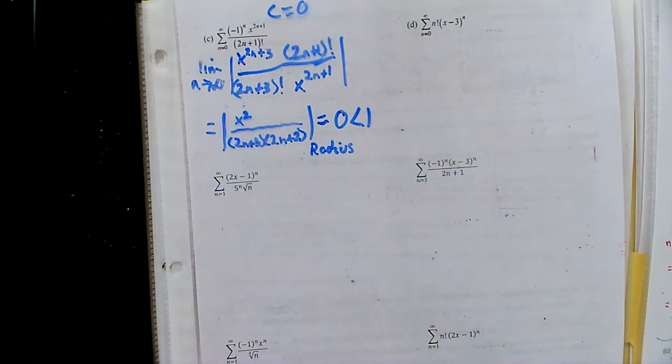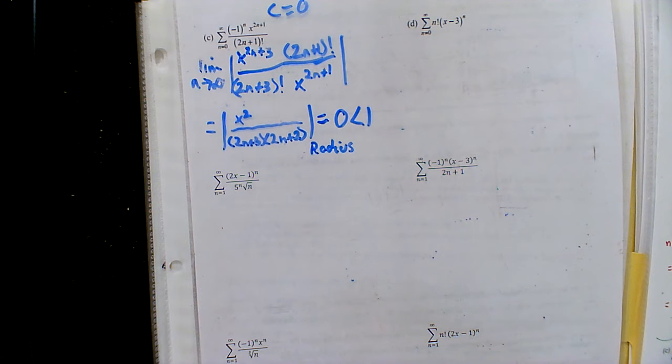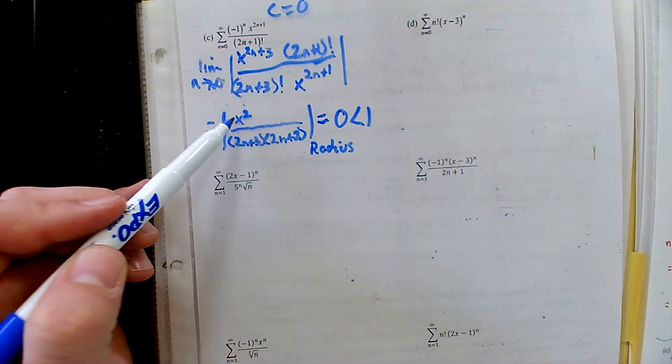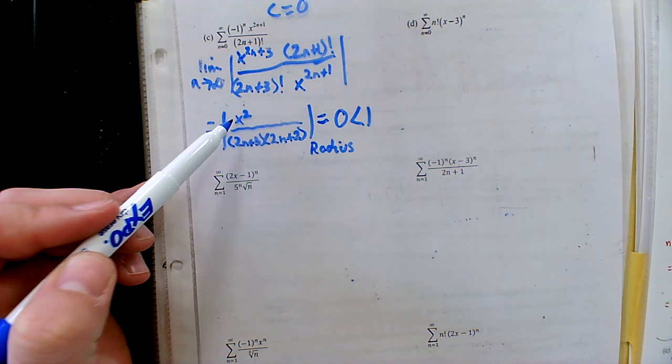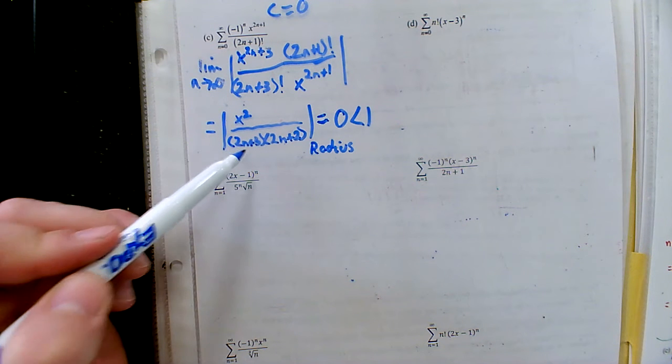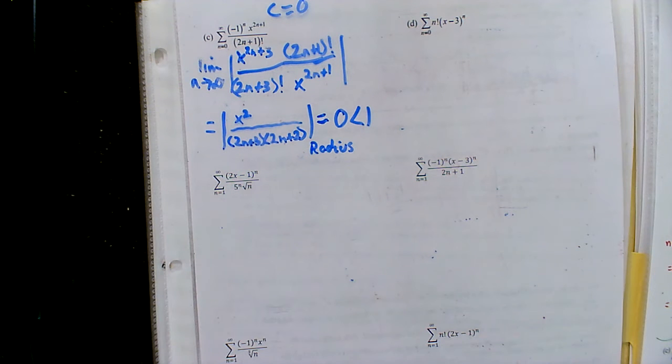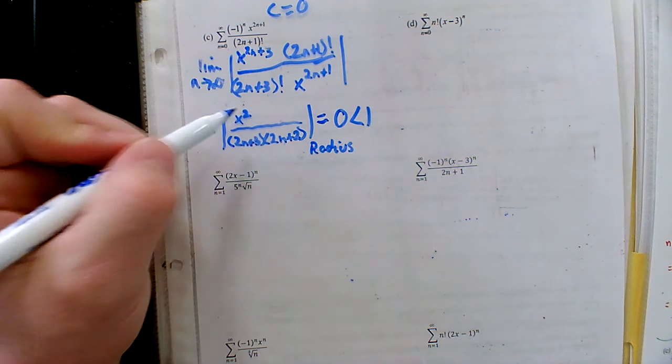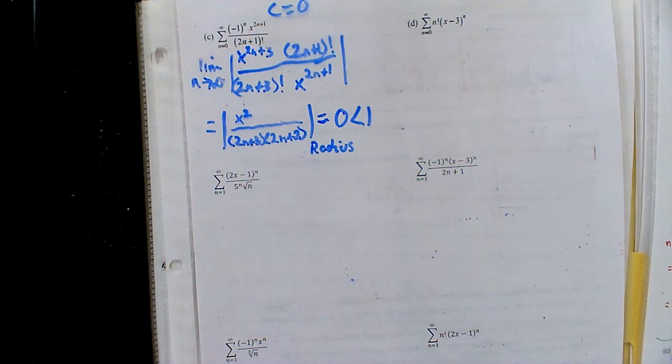Yeah, go ahead. How did we get the one that equals 0? Because what if you distribute the 2n and you get 4n squared? Okay, you have 4n squared on the bottom, but you have x squared on the top. X is a constant. So it's a constant over some n value going to infinity. Yeah, you have to think of x as a constant. If you want to even write that down as a note, think of x as a constant in this problem.